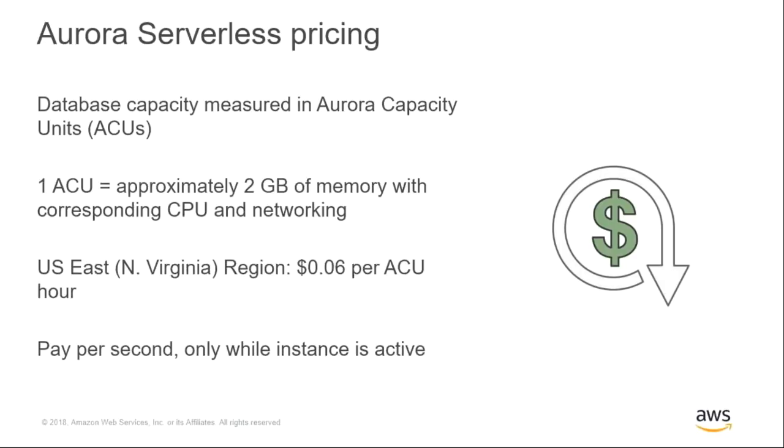So an ACU is the fundamental pricing metric for an Aurora Serverless database. As an example, if you're running in the US East region, then you would pay 6 cents per ACU hour. And there's a bunch of pricing examples on the serverless page of the website which you can go and read. It gives you a feel for how much you would pay with ACU pricing.